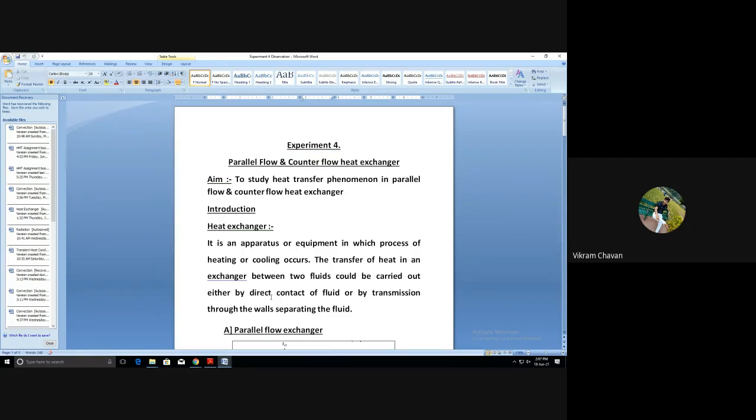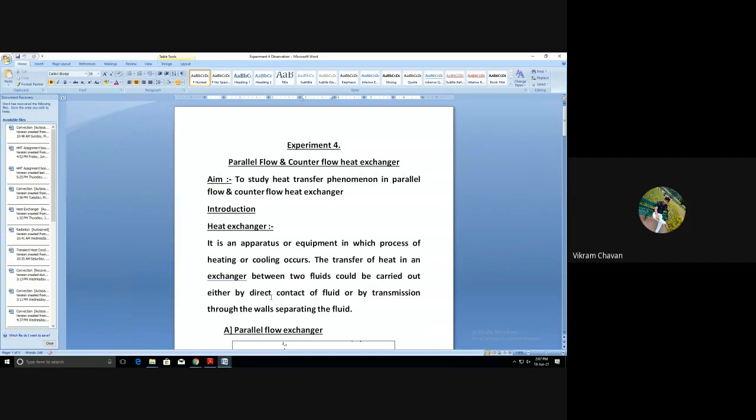These heat exchangers are classified into different categories, according to the nature, according to the type of fluid present inside the heat exchanger, according to the design consideration, the type of the flow.